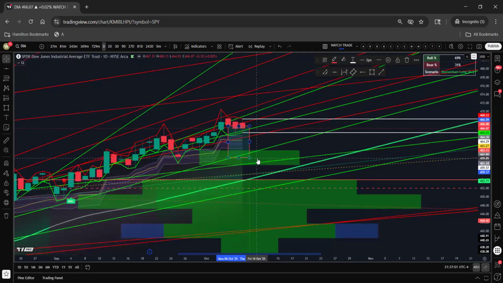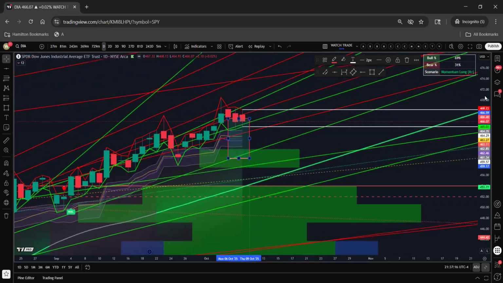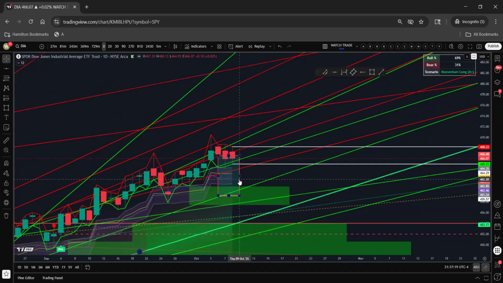It spans from 459 to 466, 467. So that's a 17, 18 point ATR, average true range for DIA.